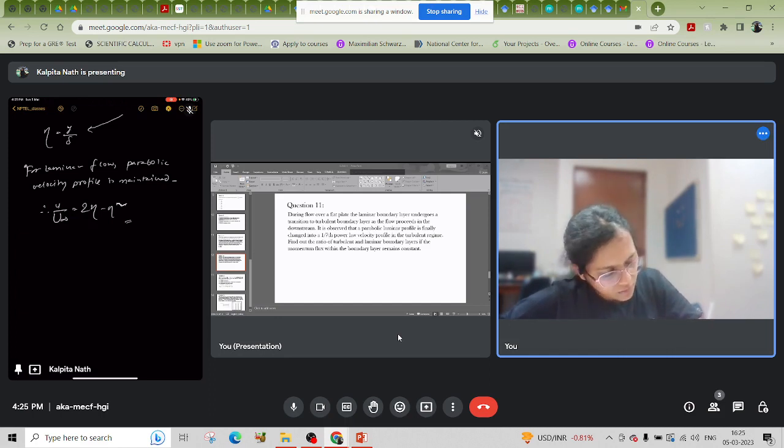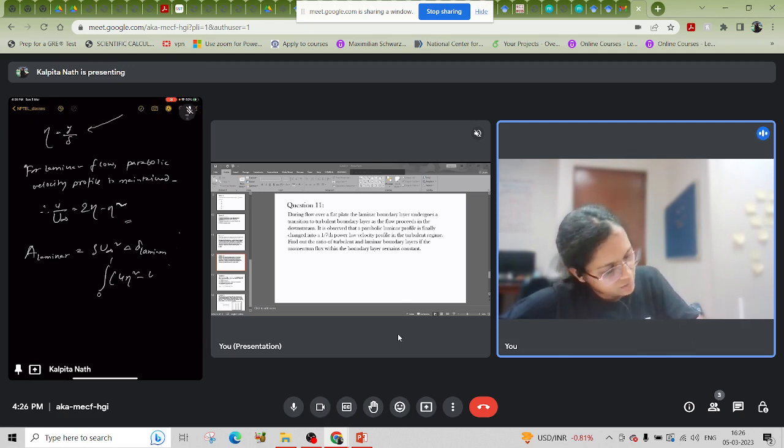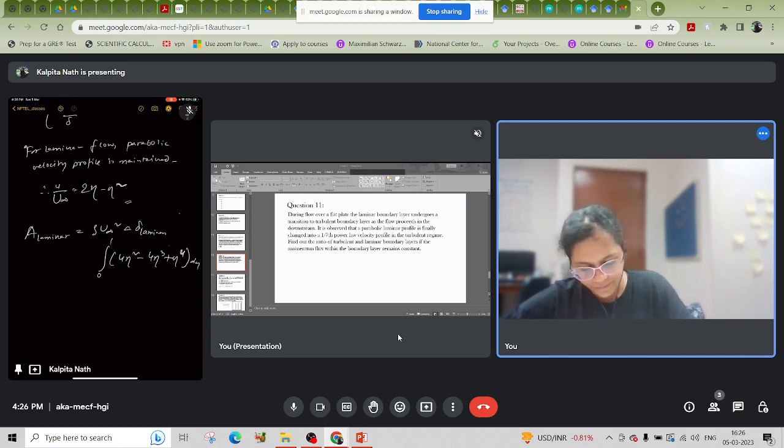For laminar flow, the momentum flux is rho u infinity square A delta laminar, integral 0 to 1. Let me shift it to the next line. Then, 0 to 1, 4 eta square minus 4 eta cube plus eta to the power 4, d eta; we have just squared it.